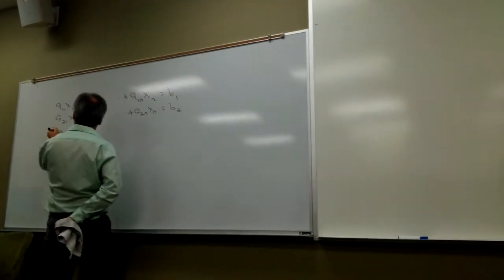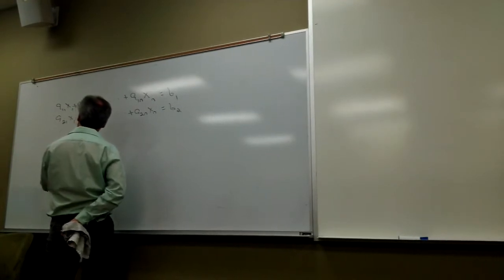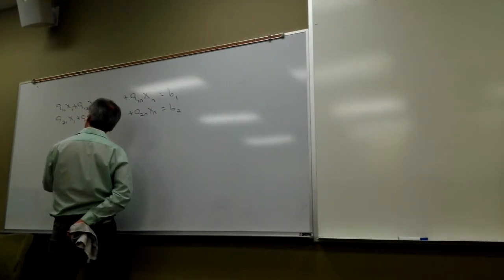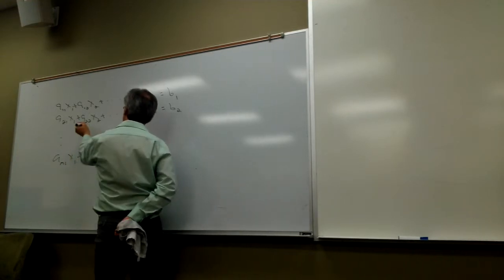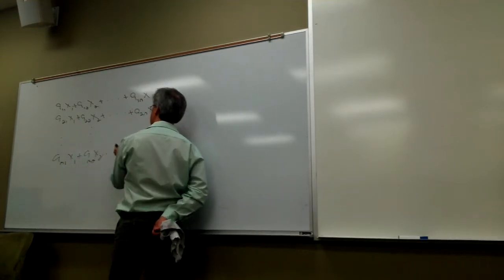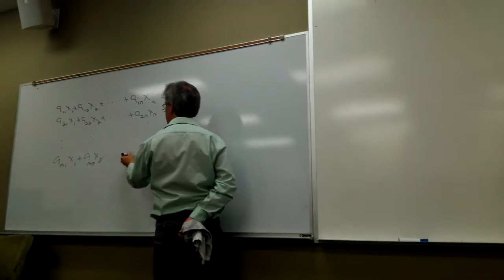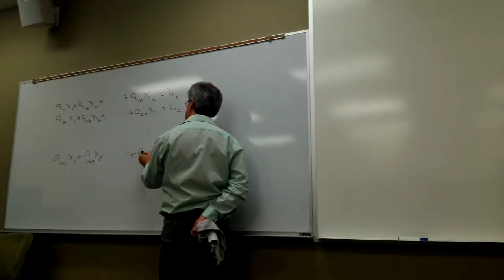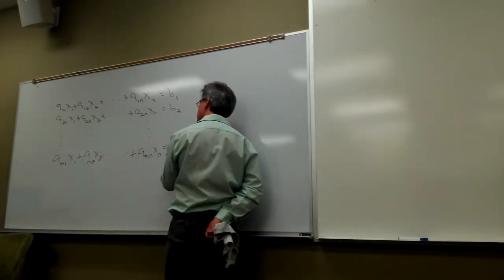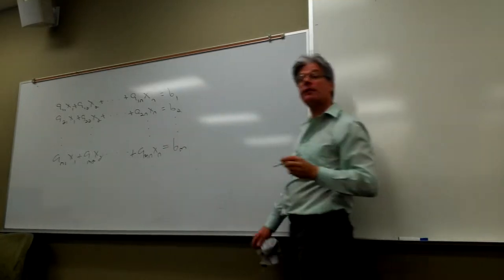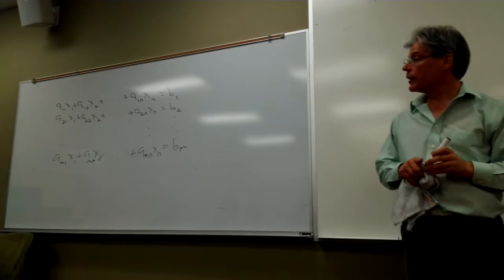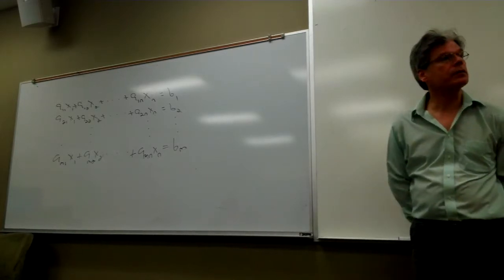All the way down to my very last line, a sub m1 x sub 1 plus a sub m2 x sub 2, and the dots, all the way down to the last term, a sub mn x sub n being equal to b sub m. I think that's a set of m equations in n unknowns.